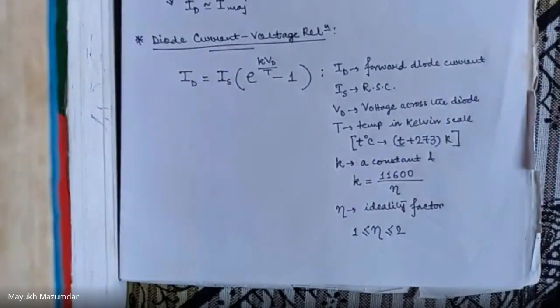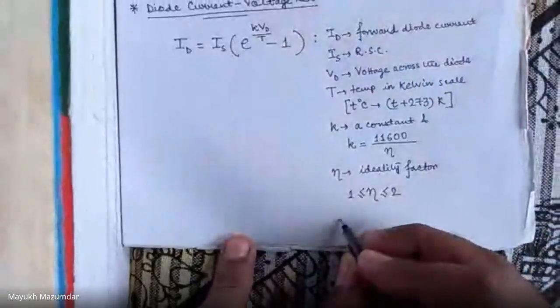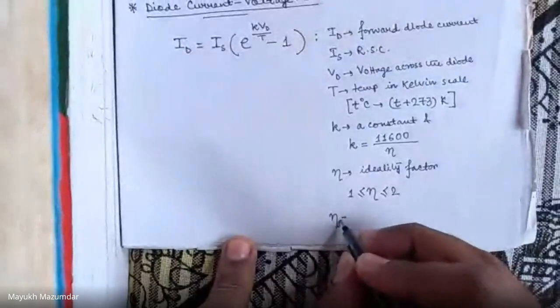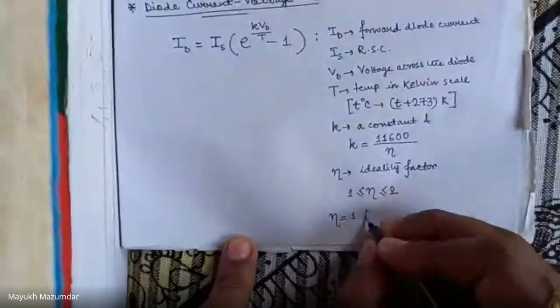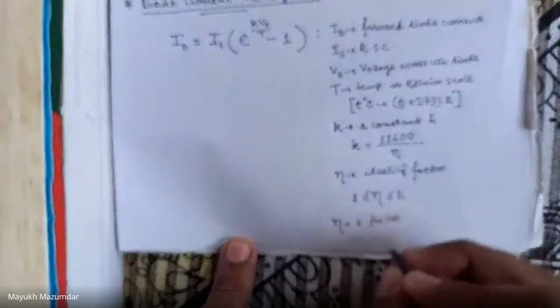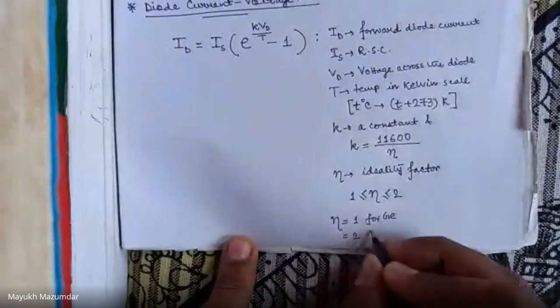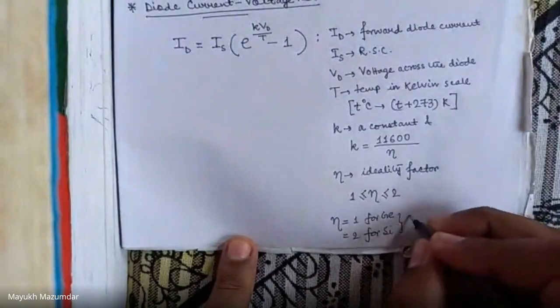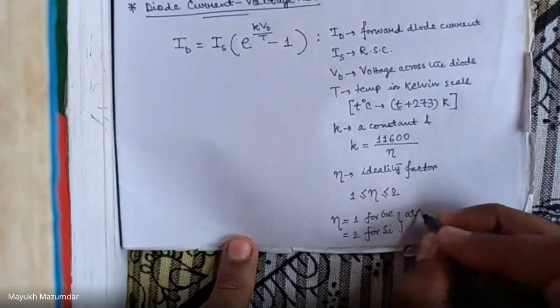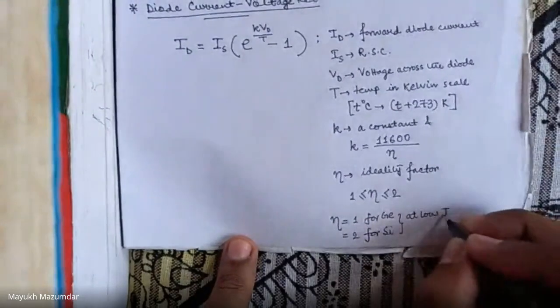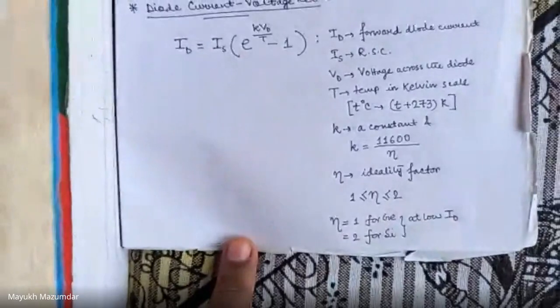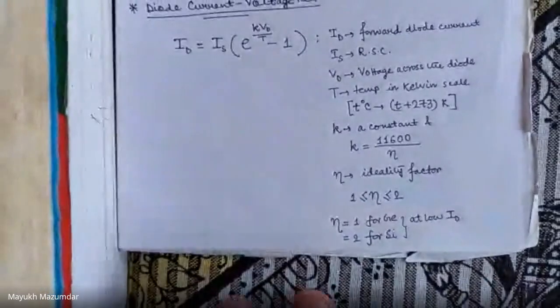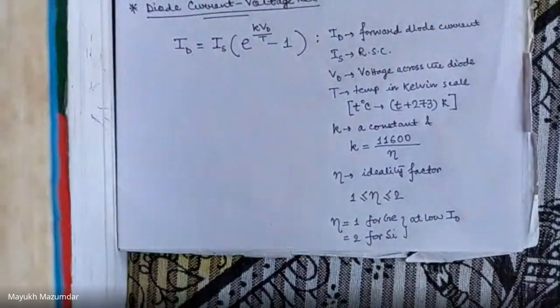The ideality factor is 1 for germanium, 2 for silicon at lower currents. When the current ID is low, you have to use this.